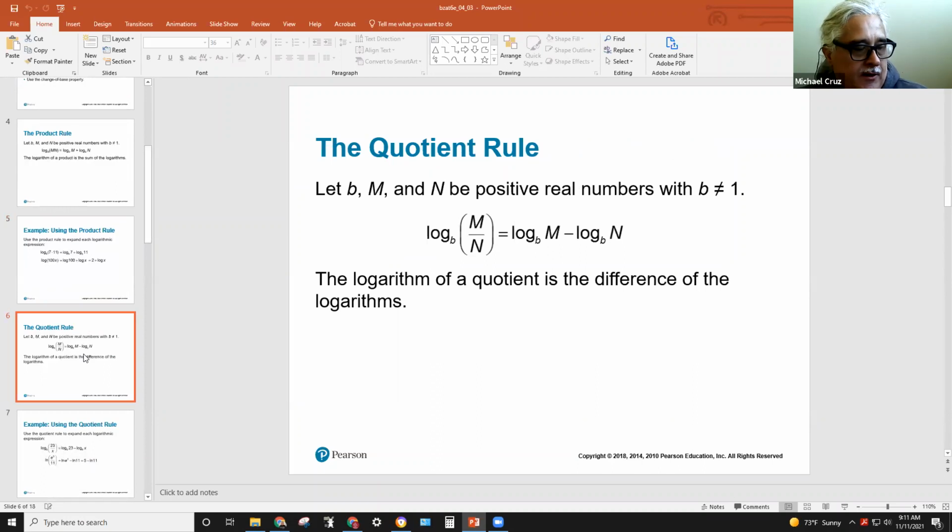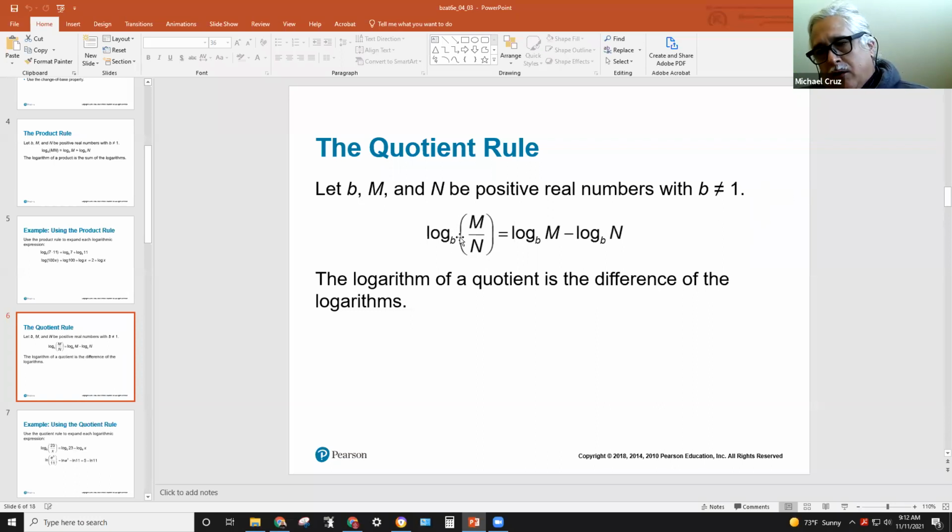All right, the second rule is the quotient rule. In dealing with exponents, when you're dividing like bases, you subtract the denominator exponent from the numerator exponent. So let b, m, n be positive real numbers with b not equal to 1.